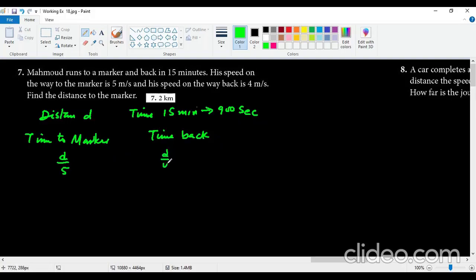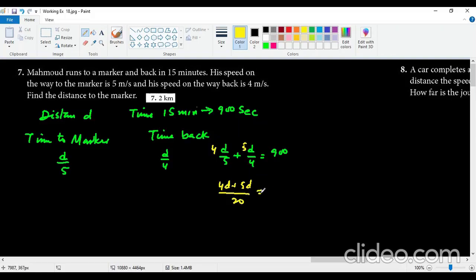So when it comes to making an equation, we will say that d over 5 plus d over 4 equals 900. Solving the fractions, I will multiply this by 4 and this by 5, and the LCM is 20. So this is going to give us 4d plus 5d over 20 equals 900.